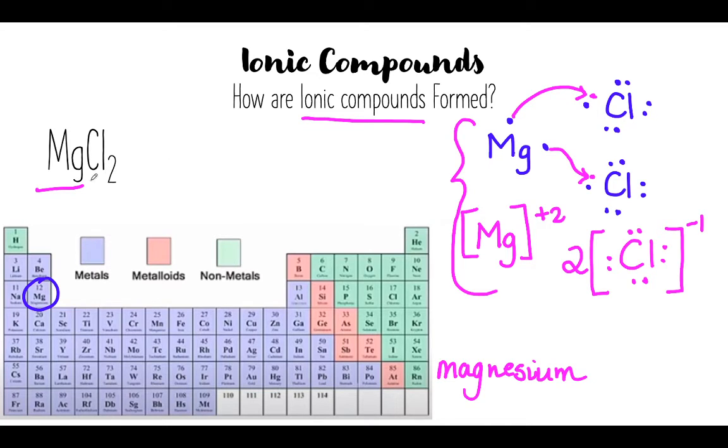When it comes to nonmetals, when they're forming ions, as it did right here, you always change the ending of it to IDE. So instead of it being chlorine, it's going to be chloride. So the name of this compound is magnesium chloride.